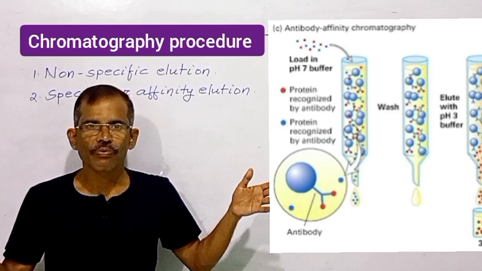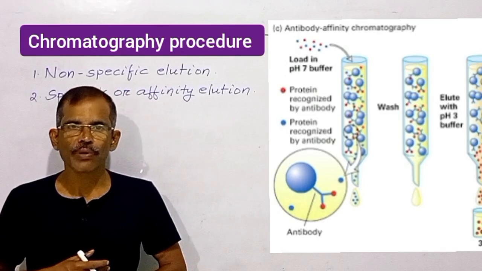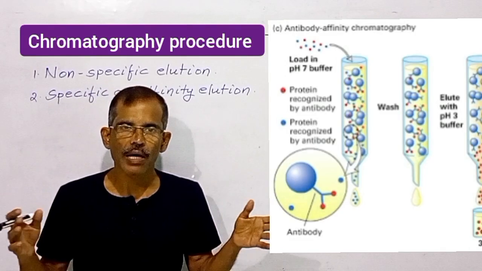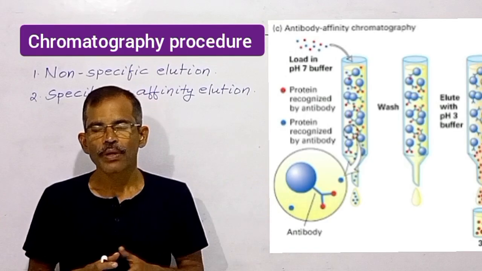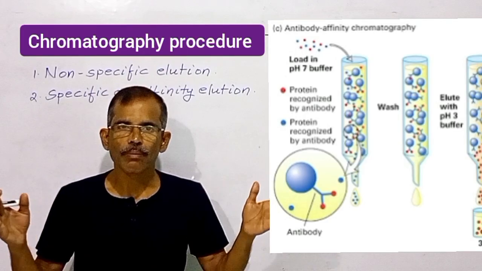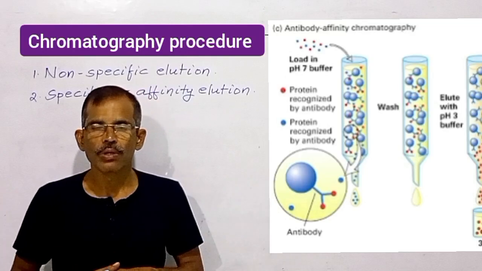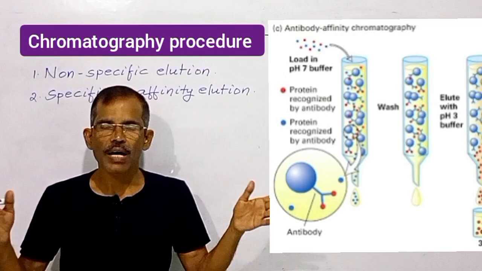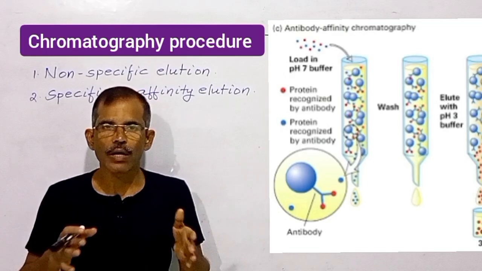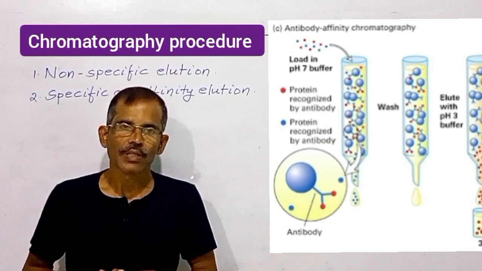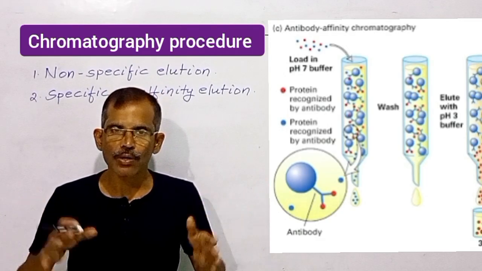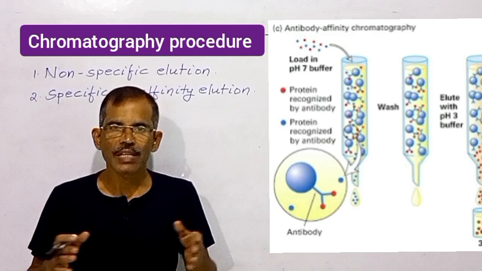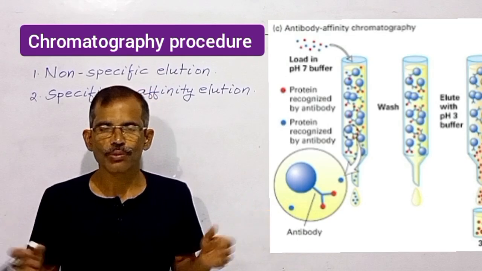The procedure for affinity chromatography has many similarities with other forms of liquid chromatography. Like the gel permeation method, here also the gel beads are first swollen and then loaded onto the column. The buffer that encourages the adsorption of macromolecules on the gel surface should be used.